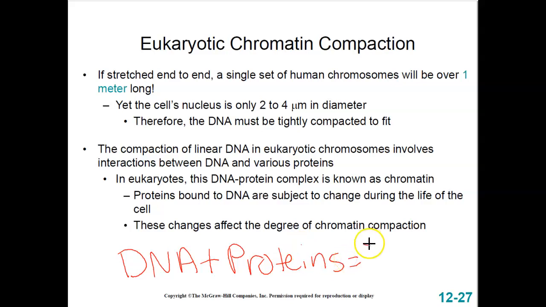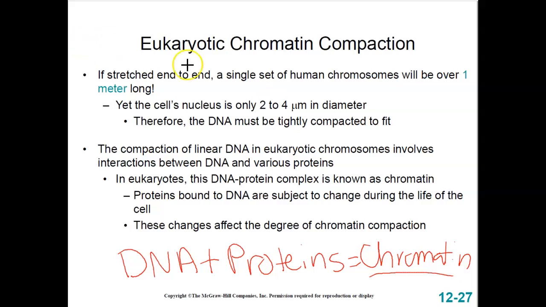That equals chromatin. Okay, don't be surprised if that shows up on an exam, all right? Chromatin, we talk about that a lot when we look at the model of the cell. Oh, that's chromatin. It's not just DNA, folks, all right?